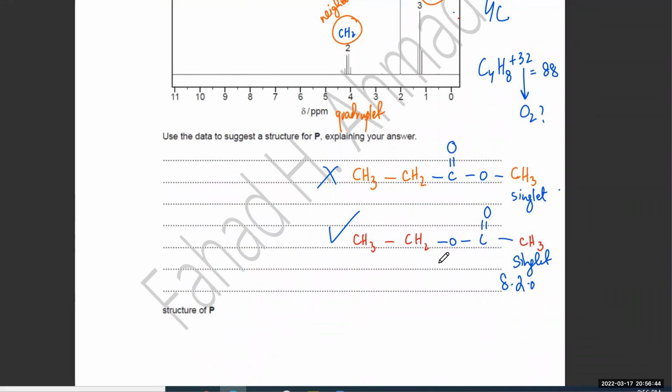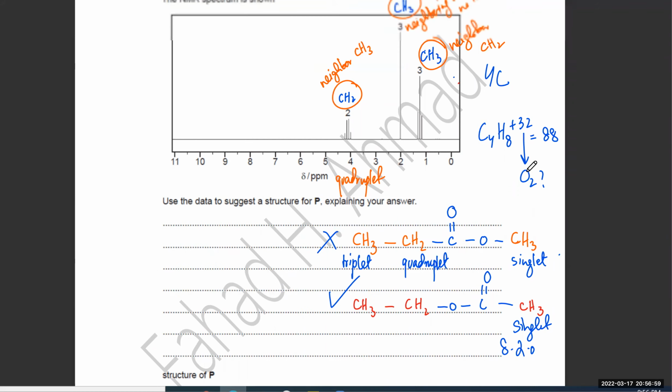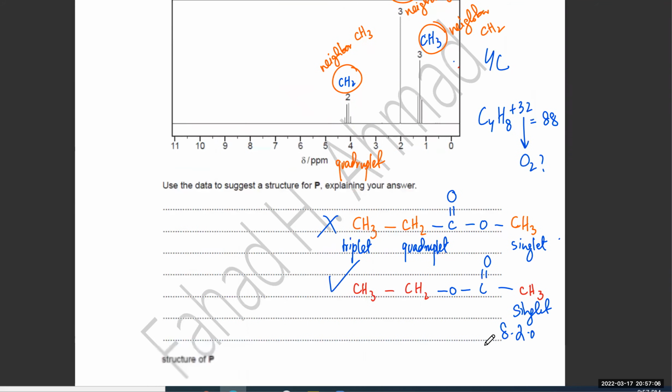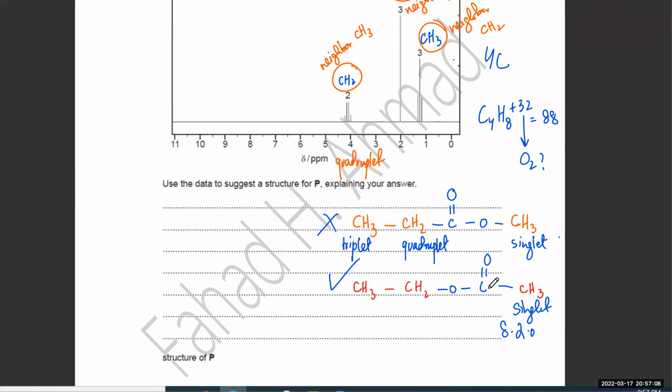This one is going to be the quadruplet, and this one is going to be my triplet peak, which is going to be the same in the other one as well. But I'm focusing on the singlet. The singlet will tell me which CH3 it is. Is it right next to an oxygen or right next to a double bond O? Since it was 2, I know that it's right next to a double bond O based on the data booklet. Is that part clear? Yes, sir.